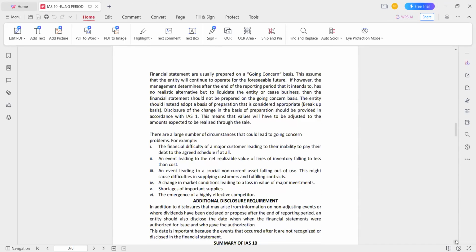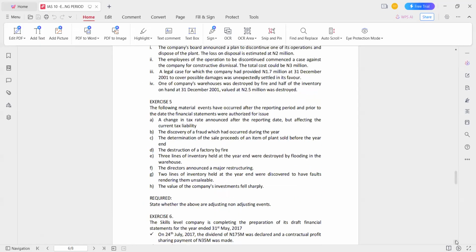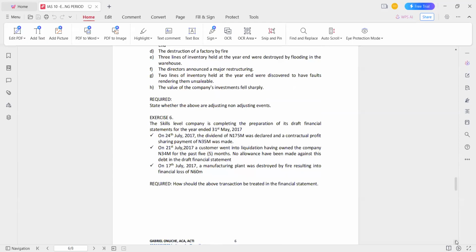That's why it's better we understand the integrity of IAS 10, so that when you see any event, you're able to apply whether adjustment or no adjustment at any given point in time. So you can read the question now. On 24 July, dividend was declared, as you said, it's a non-adjusting event. And this is a continuation of the question.